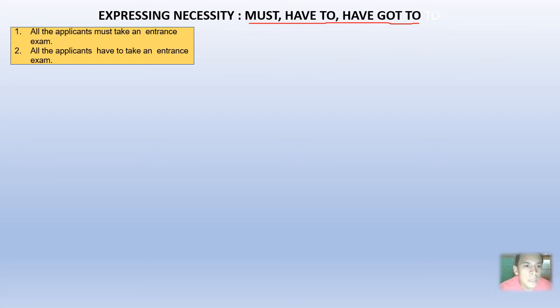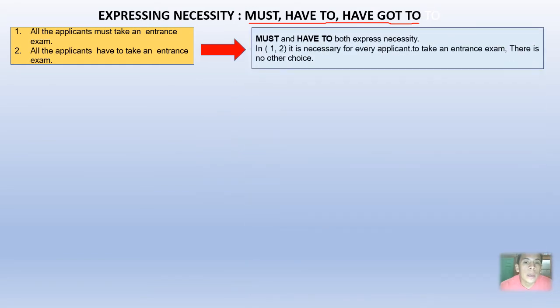The first sentence is: all the applicants must take an entrance exam, and the number two is: all the applicants have to take an entrance exam. When and how do we use the modals? Well, in this case we use the modals must and have to.